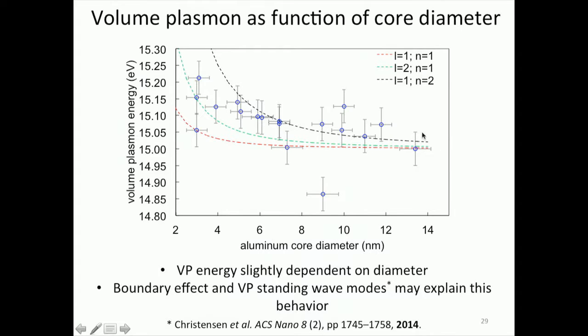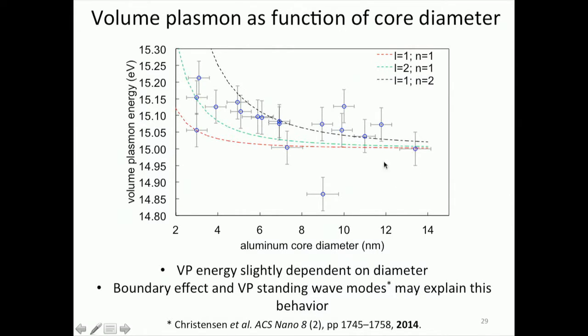Basically, the core of the simulation is that you have to consider the volume plasmons as standing waves inside the diameter, and they provide relationships for different volume plasmons with different wave vectors.